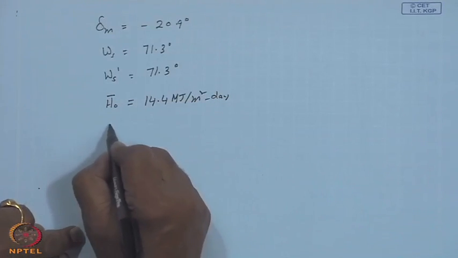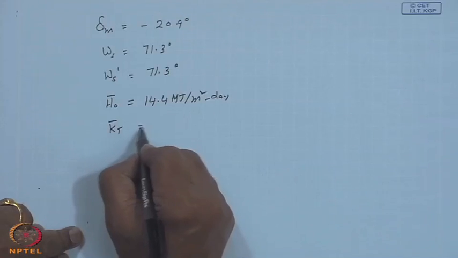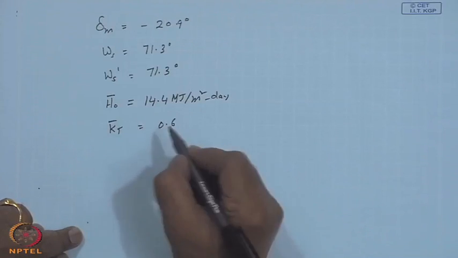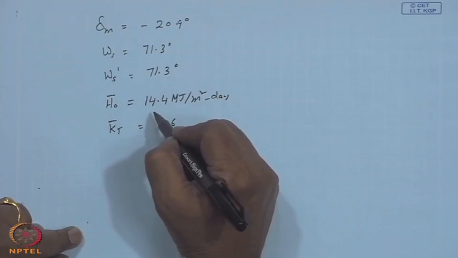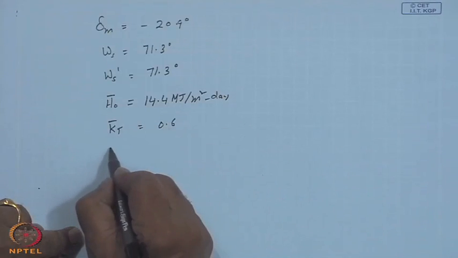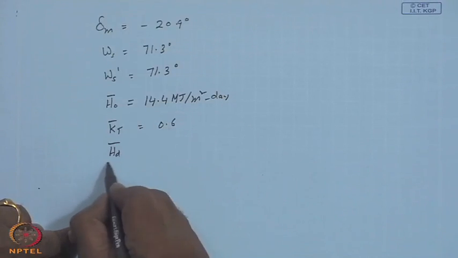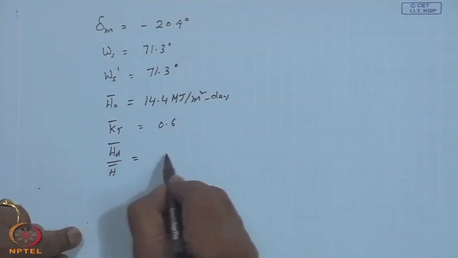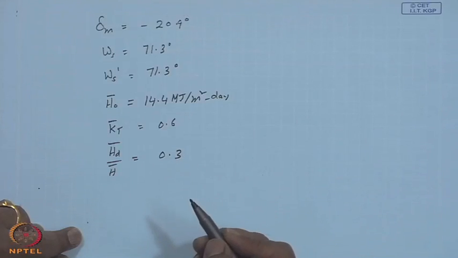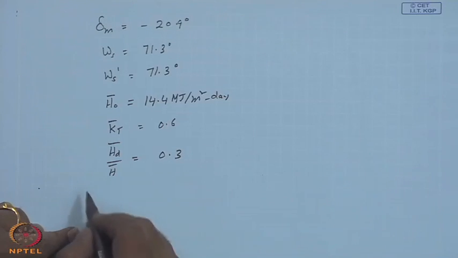Then the clearness index KT bar is 0.6, that is 8.6 upon 14.4, and the diffuse fraction HD bar by H bar we got as 0.3 using Collares-Pereira and Rabl's correlation.